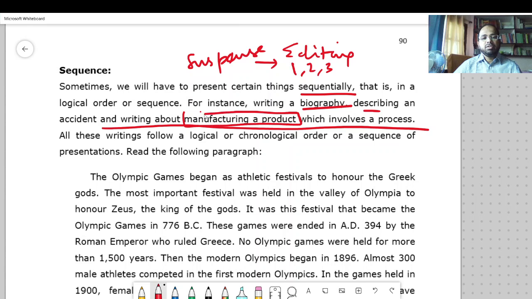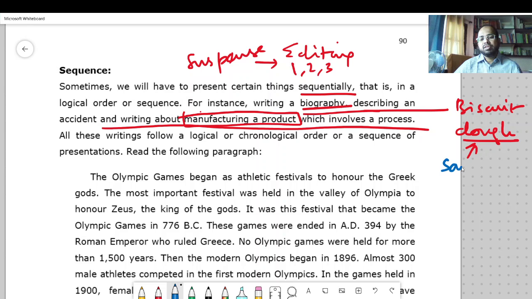Suppose you want to manufacture a biscuit, how many things do you have to start with? You have to start with the flour, you have to grind it, and you have to make a dough. When you make a dough, you have to put an appropriate amount of salt and an appropriate amount of sugar, and then the wetting agents, and so many things like the carbonates.